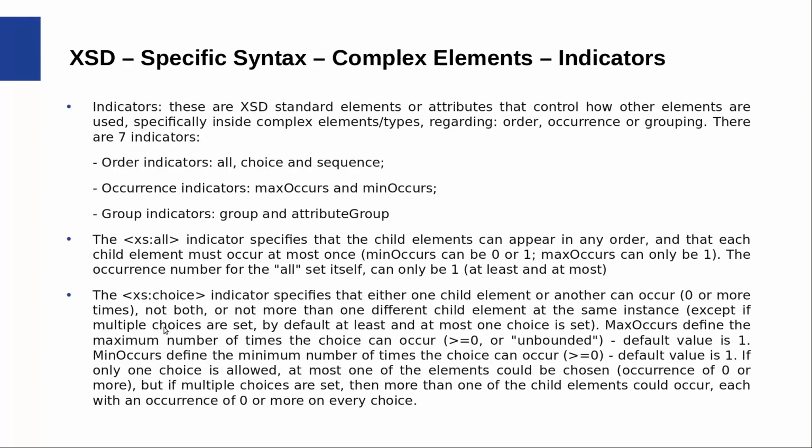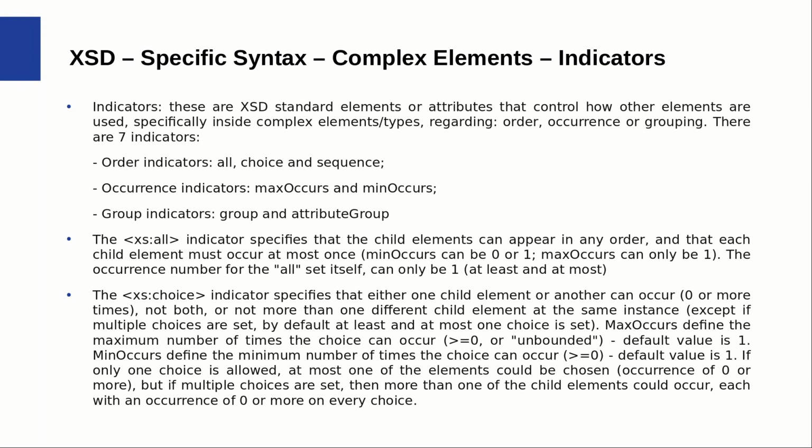And then we have another order indicator, which is xs:choice. This indicator specifies that either one child element or another can occur, the one that occurs, but not both of them, or not more than one different child element, except if the multiple choices are set, which we'll see in the example.